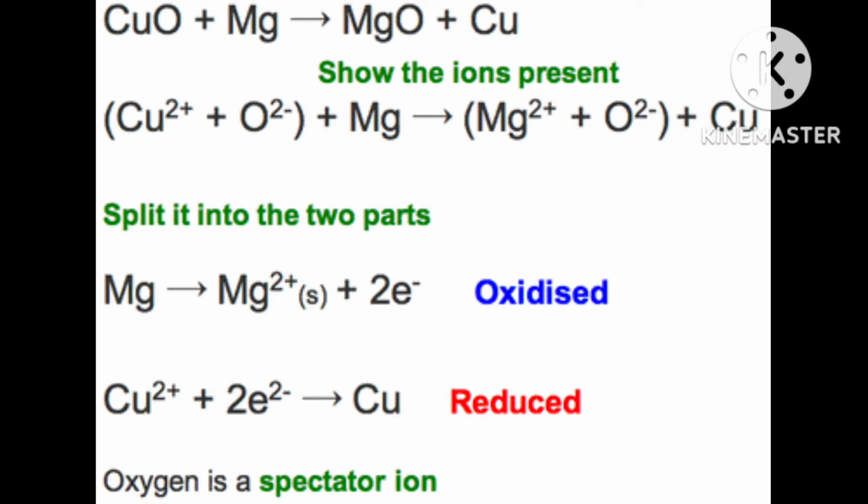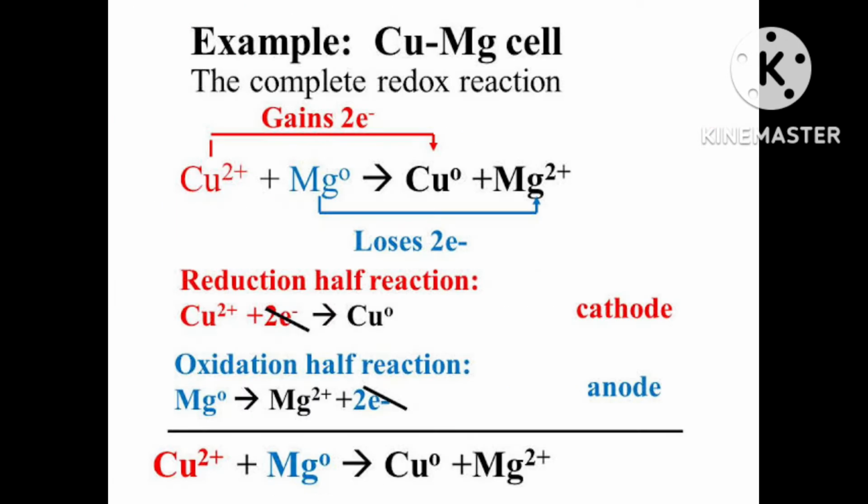Some person should be there, only then you will hand over. Correct? Then you who have given are the reducing agent. The other person who has taken is the oxidizing agent. You have given the money, that is oxidation, and that person has taken the money, that is the reduction.